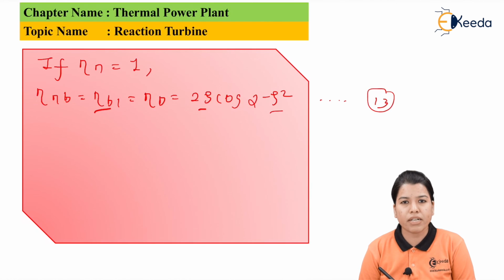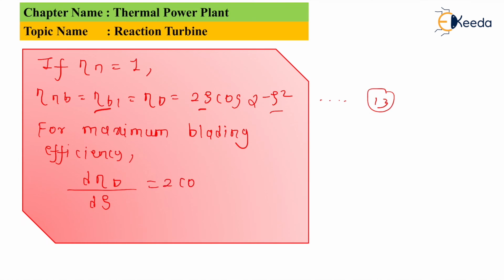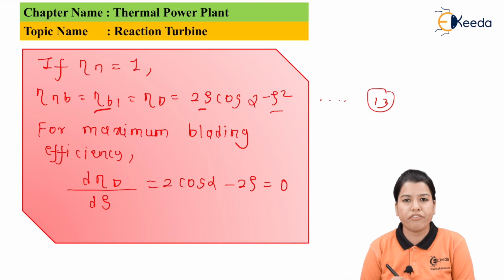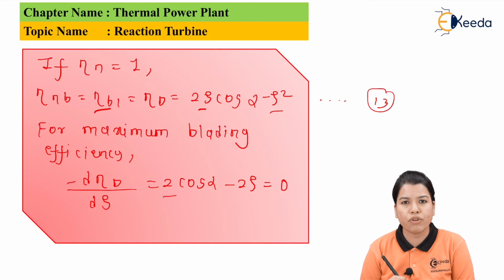Let it be equation number 13. So the value for the maximum efficiency can be given by, again if we differentiate the diagram efficiency with respect to rho, then we get d efficiency D divided by d rho is equal to 2 cos of alpha minus 2 rho is equal to 0.